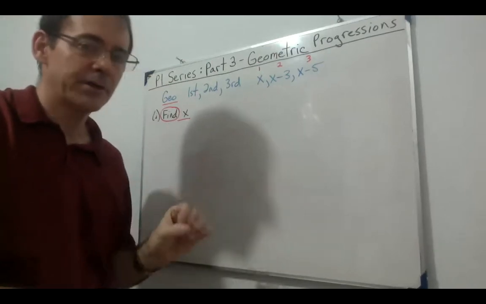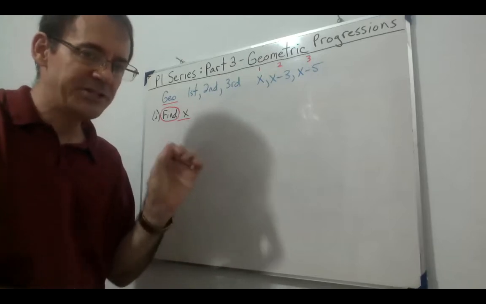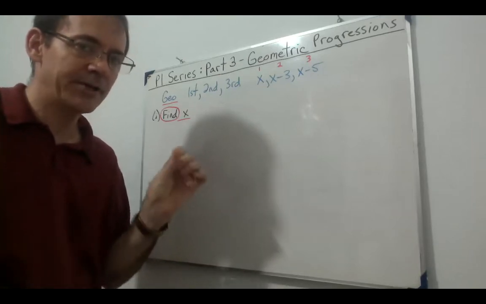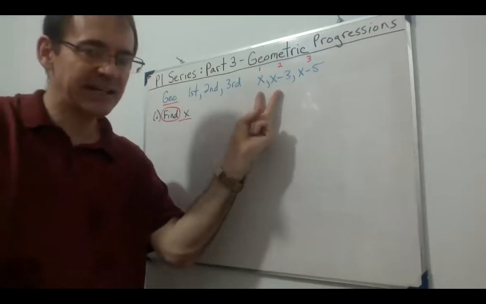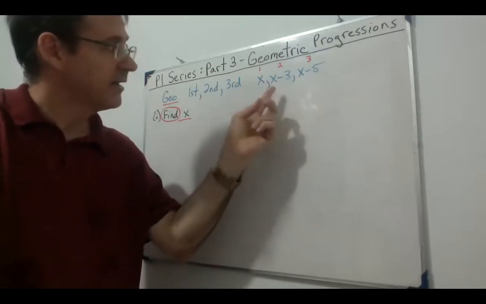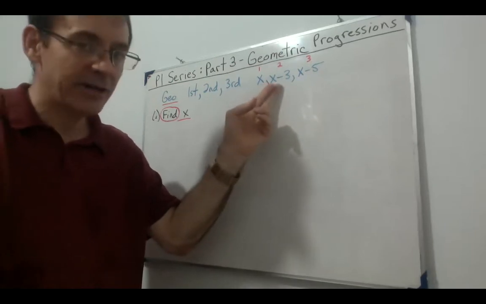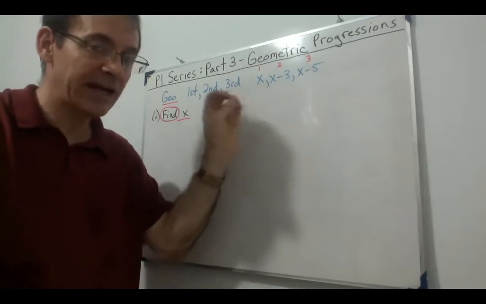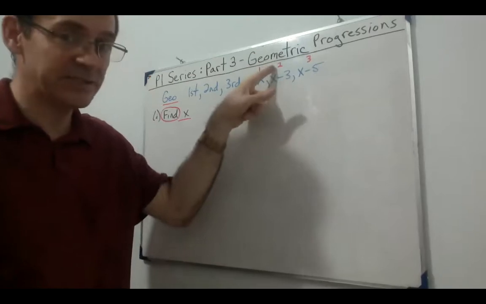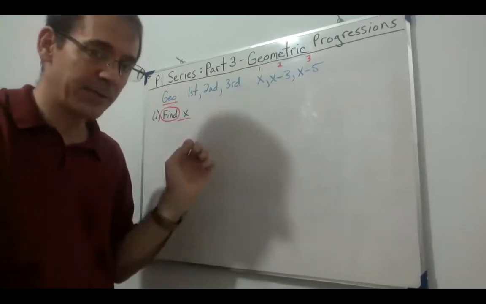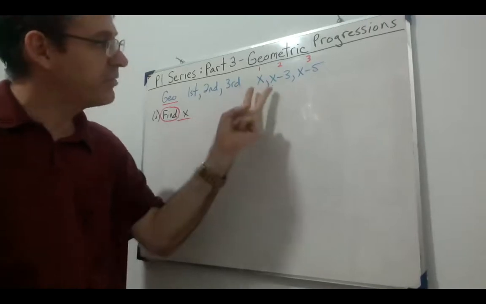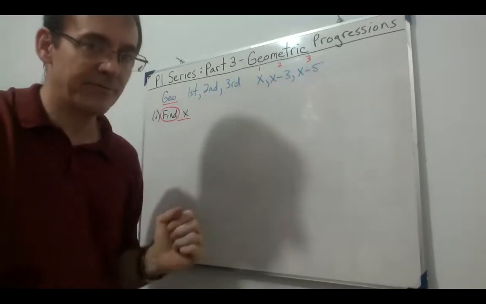But remember that with geometric, there's a common ratio, meaning any two consecutive values, you divide the higher sequence number by the lower sequence number, and that is the common ratio. But it's the same thing for any consecutive values.